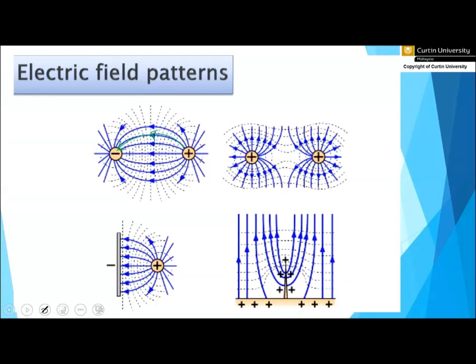If you have two positive charges sitting side by side, because the field always goes outward from the positive charge, there will be a vacuum here whereby your electric field is equal to 0. If you have a conductor or parallel plates, all the field will just touch on the surface like this one. Alright?